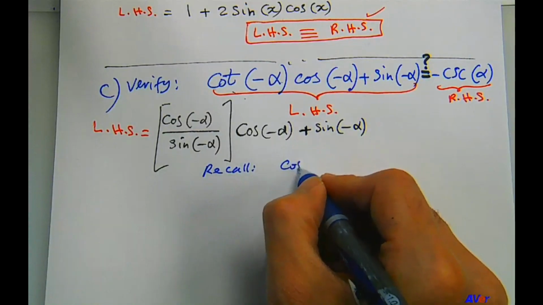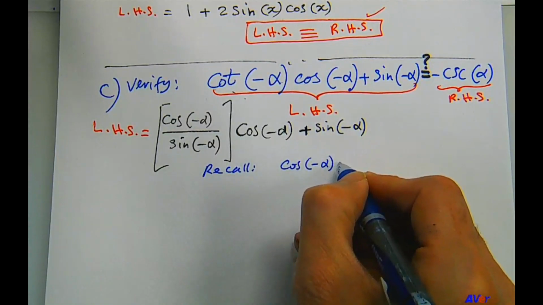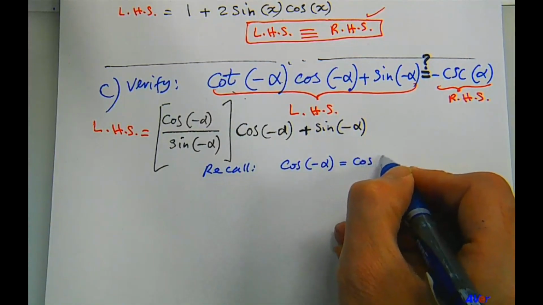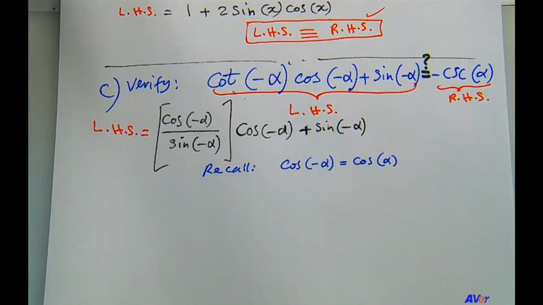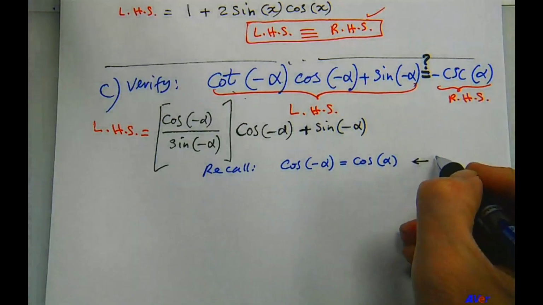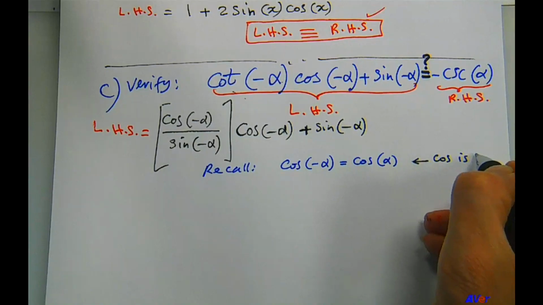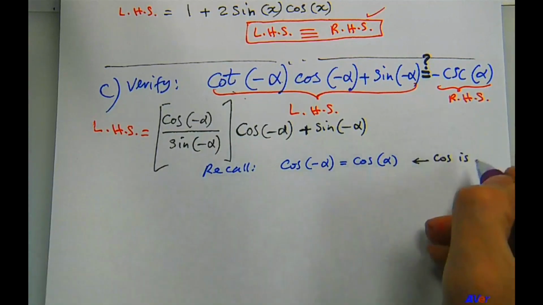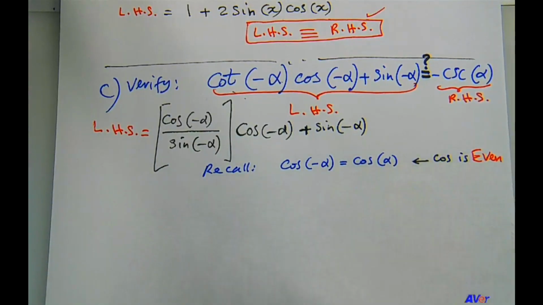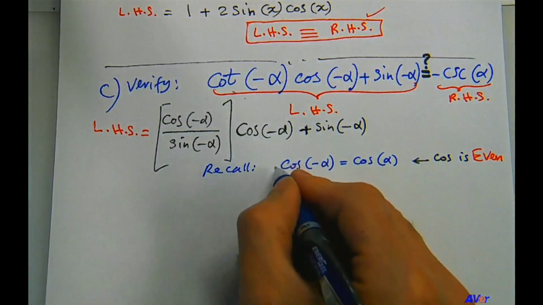That cosine of negative alpha is equal to cosine of alpha. This is because cosine is even. I want to highlight this.